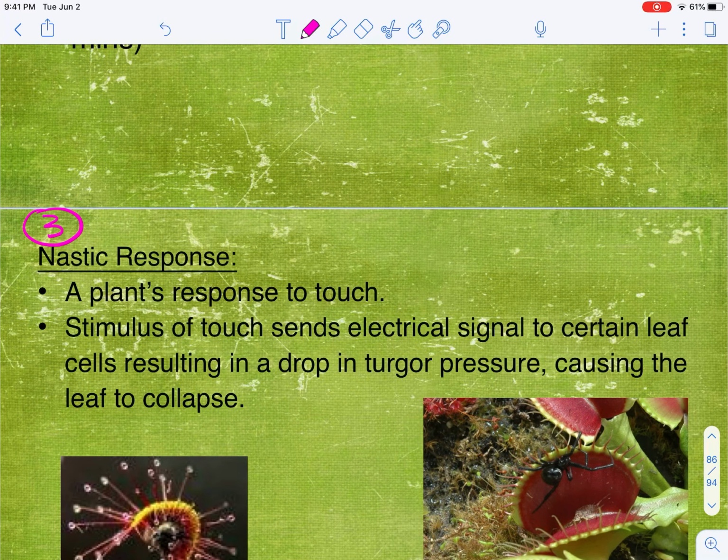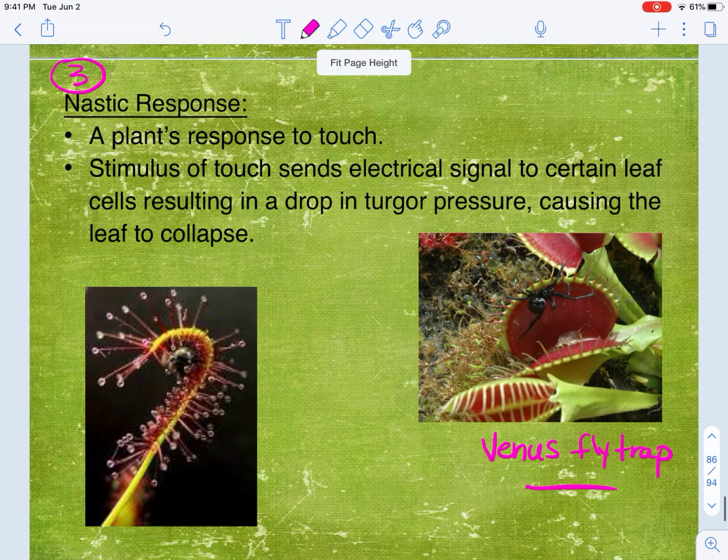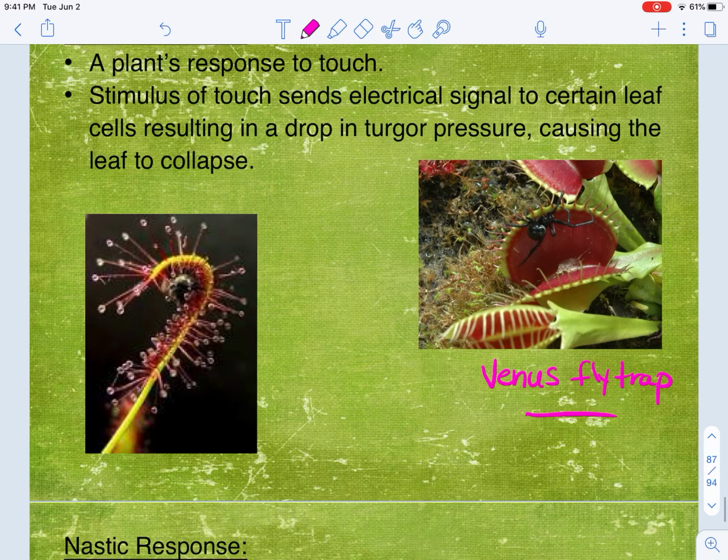Number 3, this is the nastic response, and this is how touching a plant will cause a leaf to collapse, and basically there is some electrical signal that drops the trigger pressure and causes it. That's how an insect landing on a Venus flytrap, for example, touching the leaf will cause it to close up.